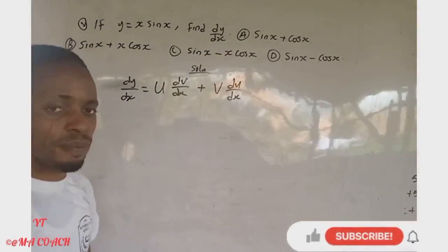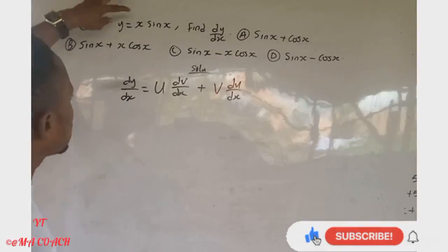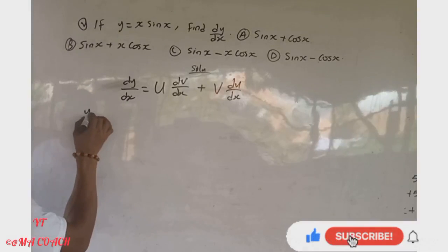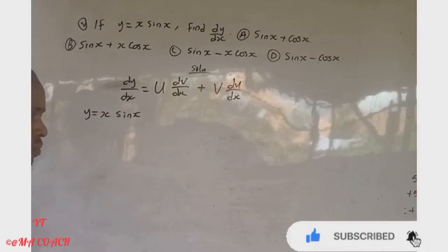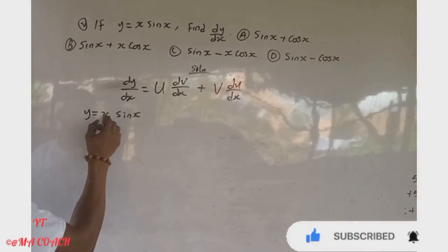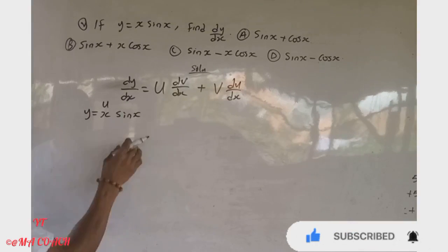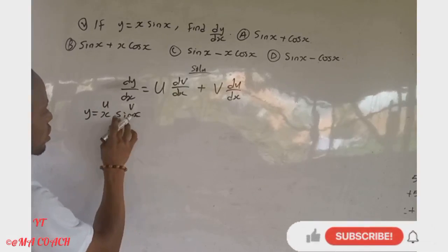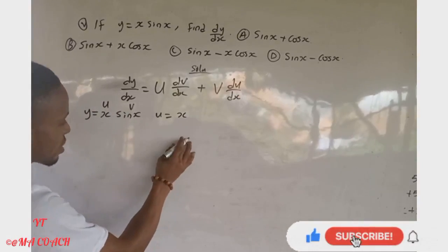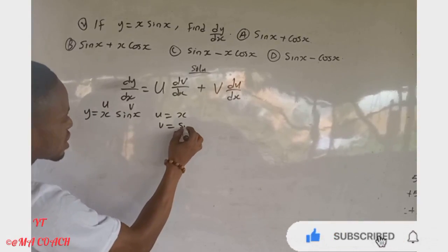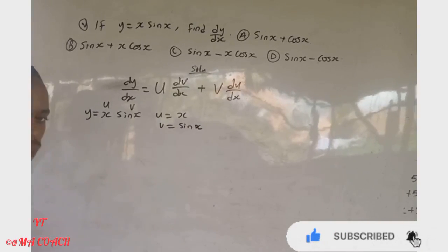This is the product rule. Let's apply it to our question: y is equal to s times sine s. So u is equal to s, and v is equal to sine s.